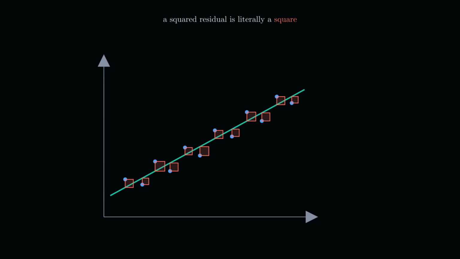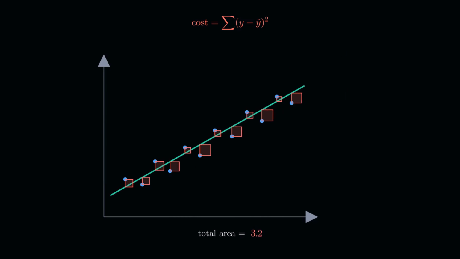A squared residual isn't just a number, it's literally a square drawn right on the gap, with the gap as its side. So the cost becomes something you can see. The total area of all these squares. Watch as I tilt the line, the squares swell and shrink in real time. And we're hunting for the line that leaves the least total area behind.